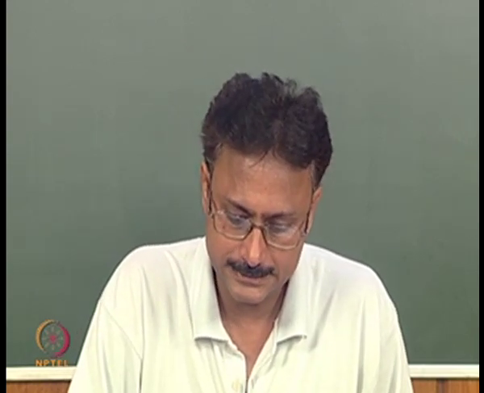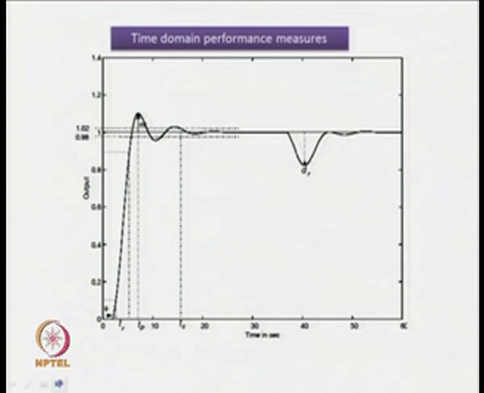Whether those are true or not, let us see. From the simulated result, we can see that the closed loop response of the system is obtained as shown over here, where we have got the overshoot, undershoot. Before settling down, the output has got overshoot, undershoot, overshoot, little bit of undershoot before settling down to the reference value.